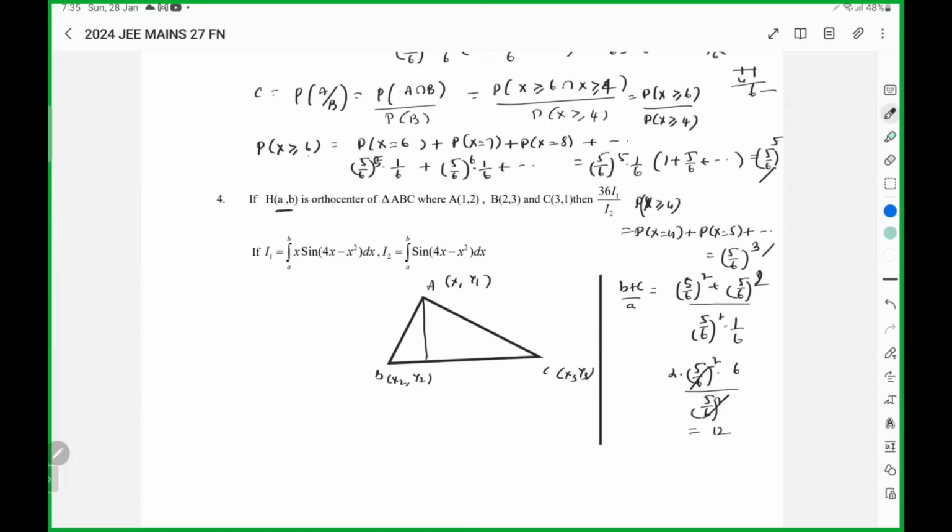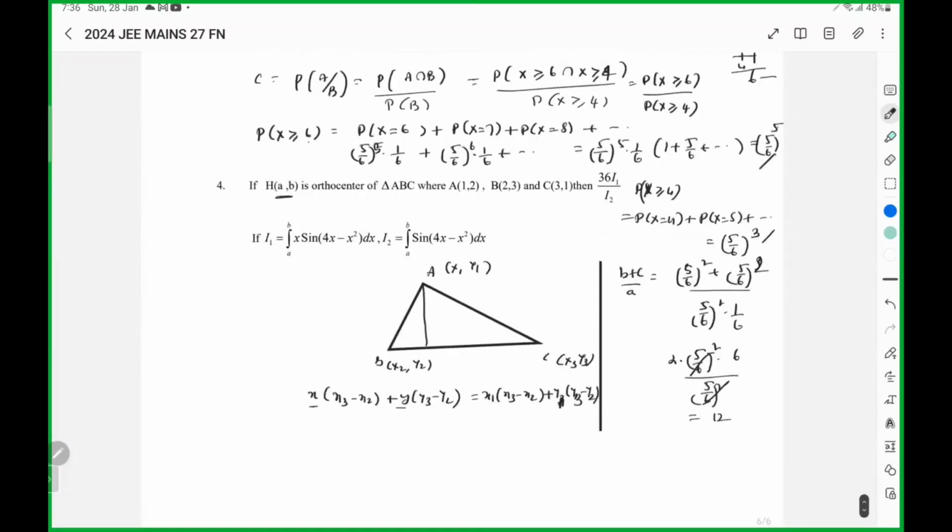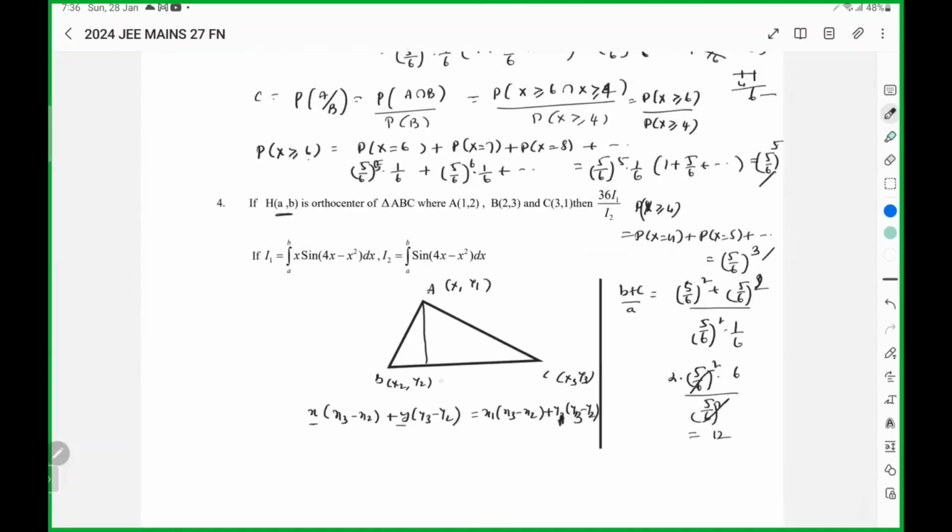For finding the altitude, we have a formula: x into x3 minus x2, y into y3 minus y2 in place of x and y, that is x1 into x3 minus x2 plus y1 into y3 minus y2. This is the altitude equation because the orthocenter is asked. Now here the points in place of x2, y2 you have 2, 3, 3, 1. Here you have 1, 2.